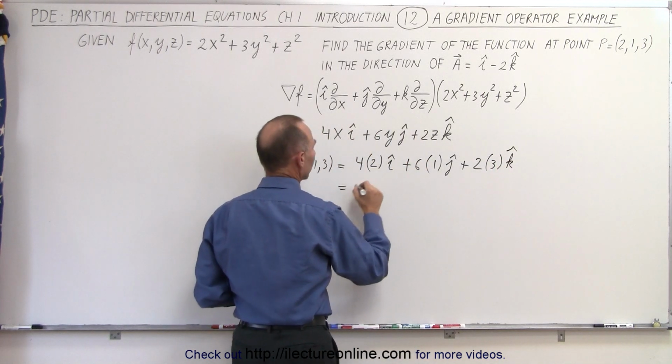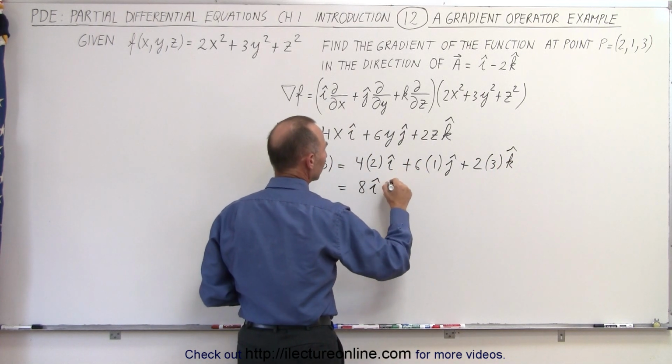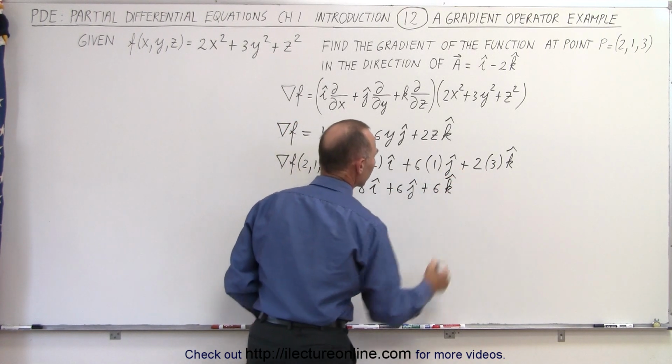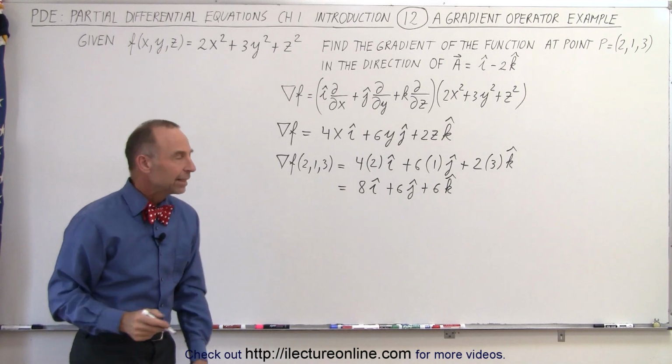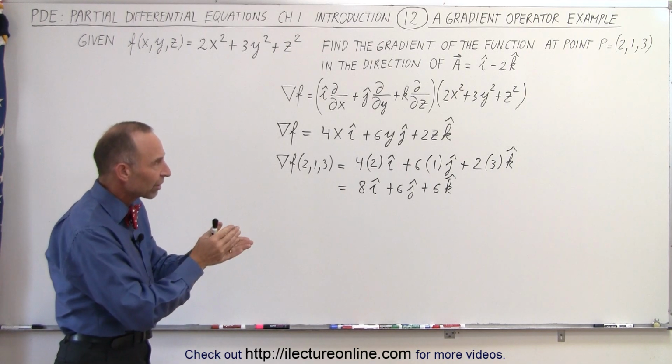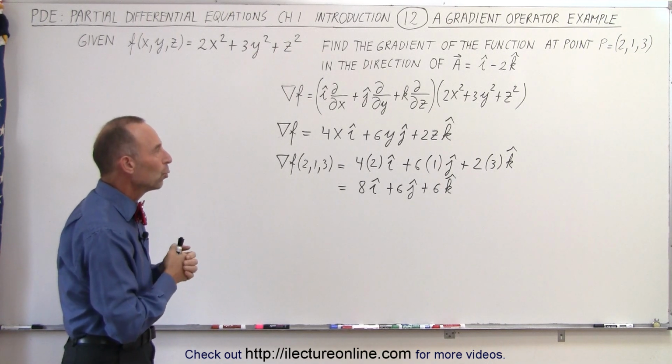That gives us a gradient of 8i plus 6j plus 6k. So that again gives us the change of the function in the x direction, in the y direction, in the z direction at that particular point (2, 1, 3).